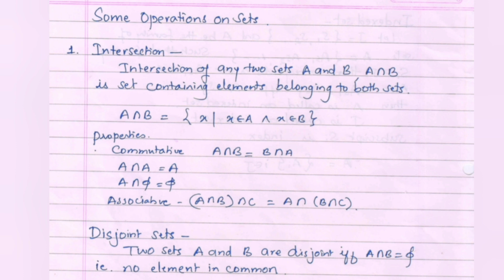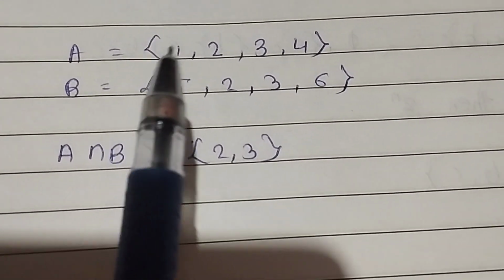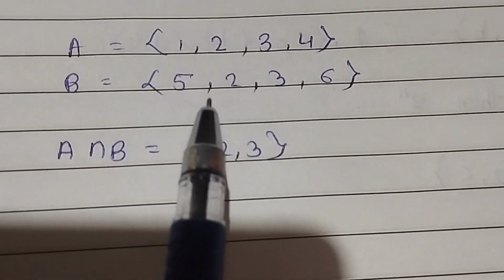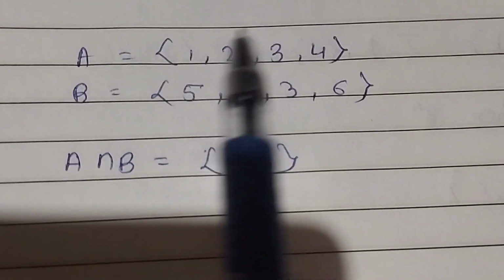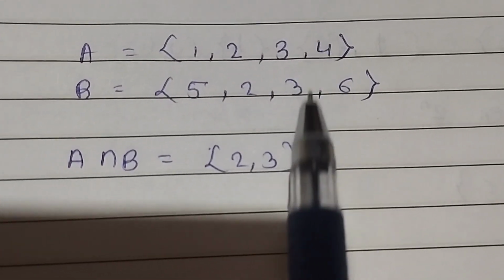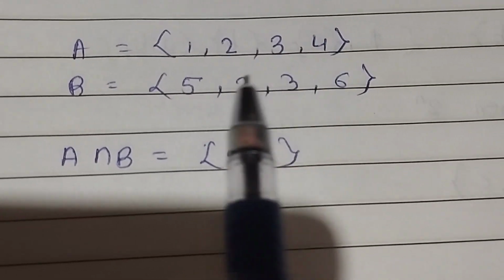Next set is intersection set. Intersection of any two sets A and B, represented as A intersection B, is a set containing elements belonging to both sets. Suppose A is given as 1 2 3 4 and B is a set of 5 2 3, then the intersection means which elements are common in both: 2 and 3.